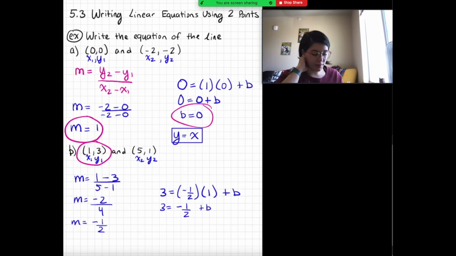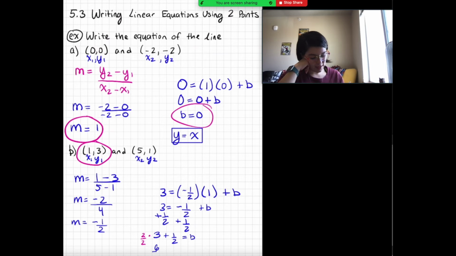Then we have to solve for b. So the opposite of -1/2 would be adding 1/2. So we'll add 1/2 to both sides. So on the left we have 3 plus 1/2, and on the right we have b. We can't just add 3 and 1/2. We need to make sure our 3 has a common denominator. So we'll have to multiply our 3 by 2 over 2.